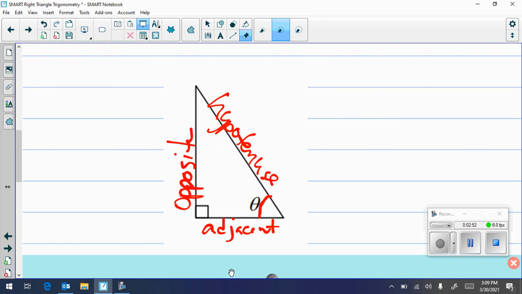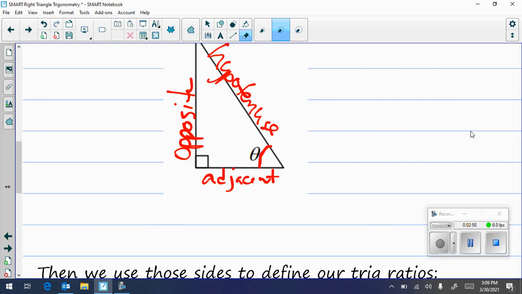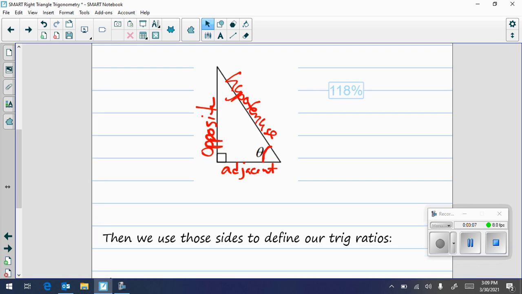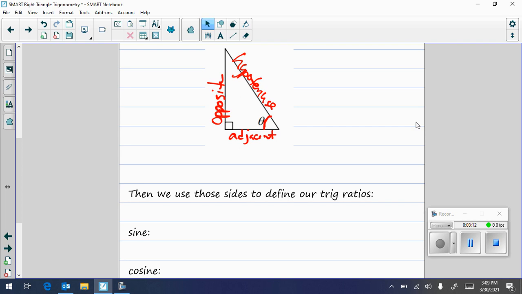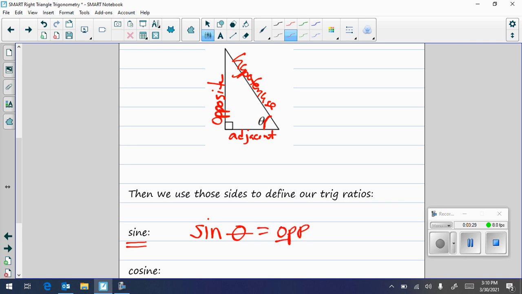Now this is what we're going to use to define our sine, cosine, and tangent. So our sine, cosine, and tangent depend on this triangle here with your measured angle theta. Now, when you write out sine, this is how we say the whole trig function, but when we write it, we're going to abbreviate to sin, but we're still going to say sine of theta, and that is going to be opposite over hypotenuse.